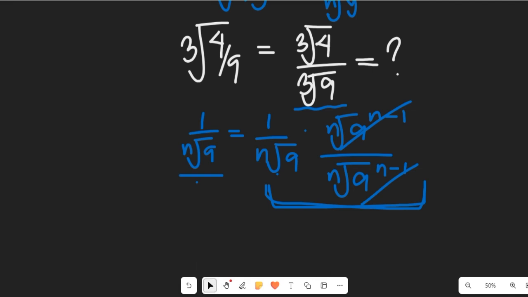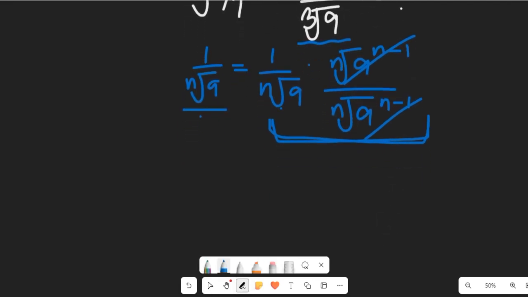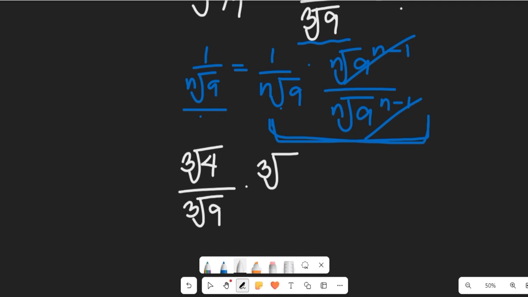That expression can now give me a separate root. We can now have the cube root of 4 divided by the cube root of 9, multiplied by the cube root of 9 to the power of 3 minus 1, divided by the cube root of 9 to the power of 3 minus 1.